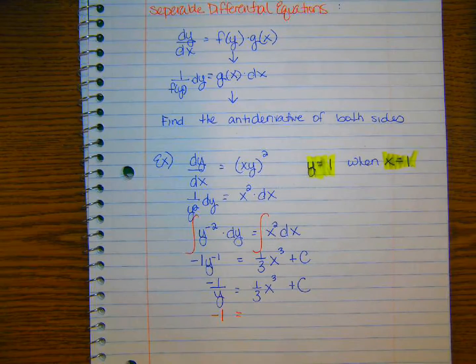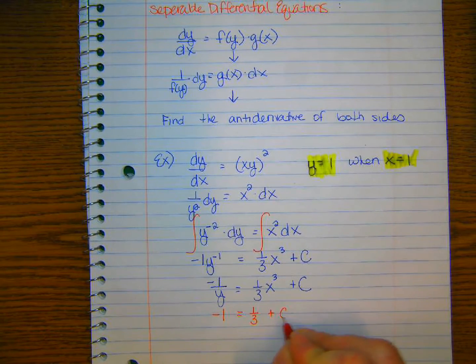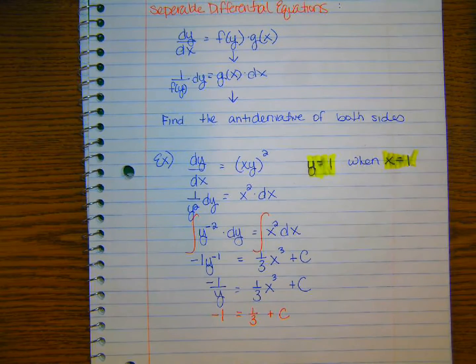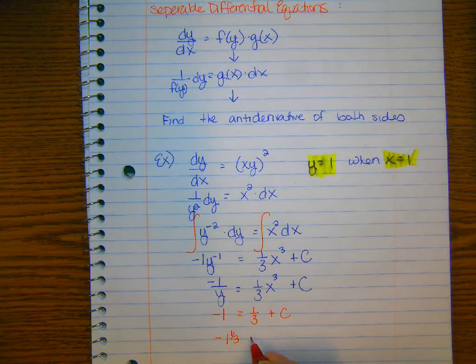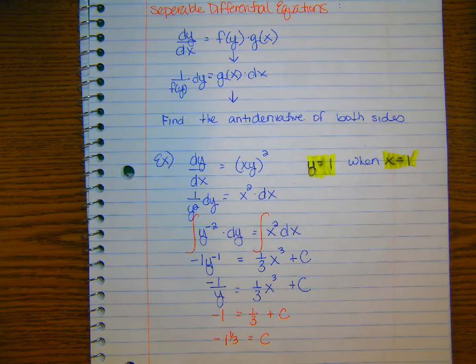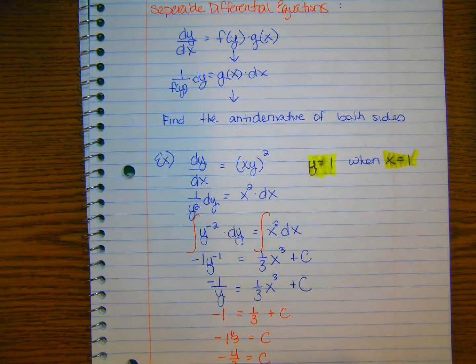If I put 1 in for x and cube it, wouldn't that give me 1/3 plus c? Subtract 1/3. Or I can write it as negative 4/3.